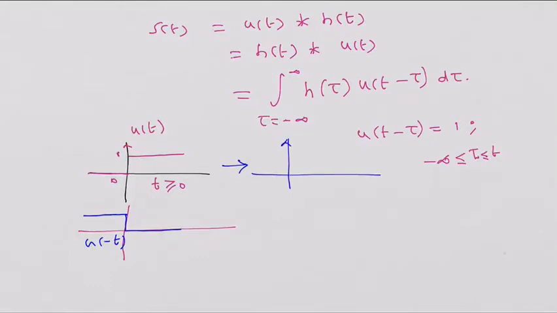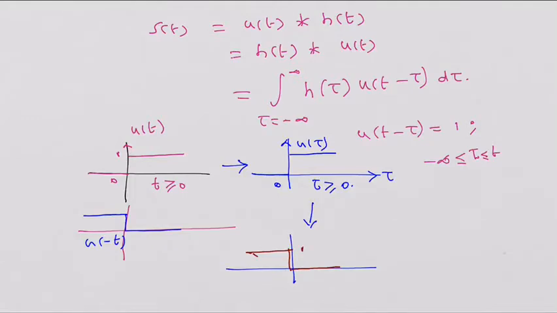Say for example, I have a signal like this. This is called u of tau, where in the tau axis also tau tends to become positive value. When you fold it, the signal will become folded signal. It will have an amplitude as 1 only for, this is u of minus tau over tau axis.